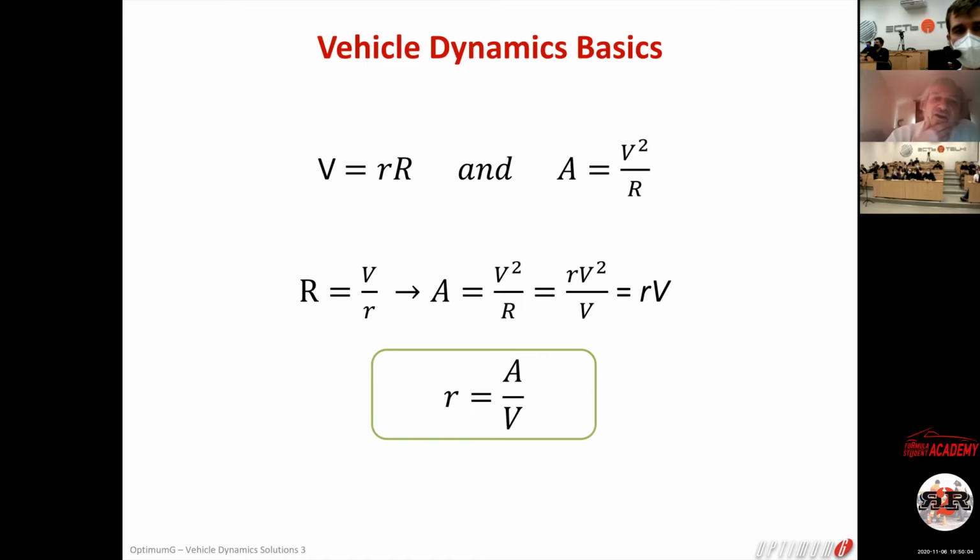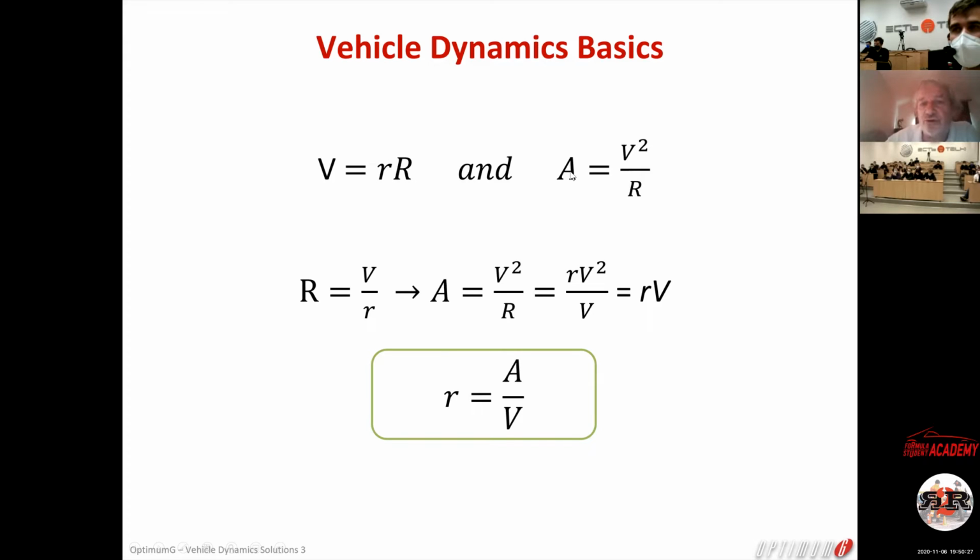Now, a little bit of vehicle dynamics here. Not vehicle dynamics, physics. You know that the tangential speed is equal to the rotational speed, that in all the vehicle dynamics books is written as little r, multiplied by the radius. Tangential speed is angular speed multiplied by the radius.